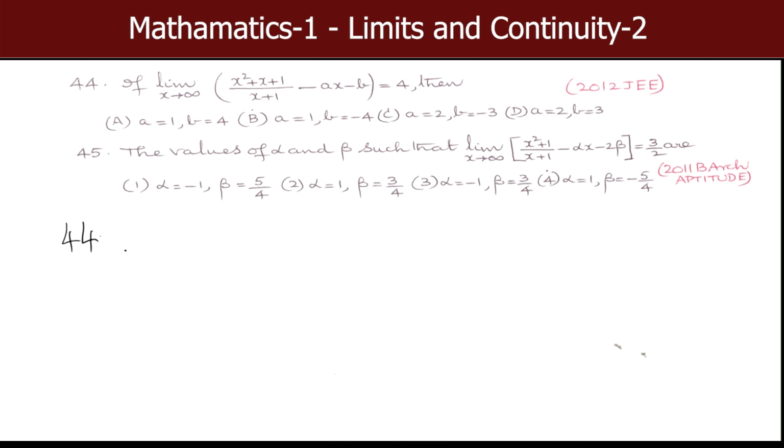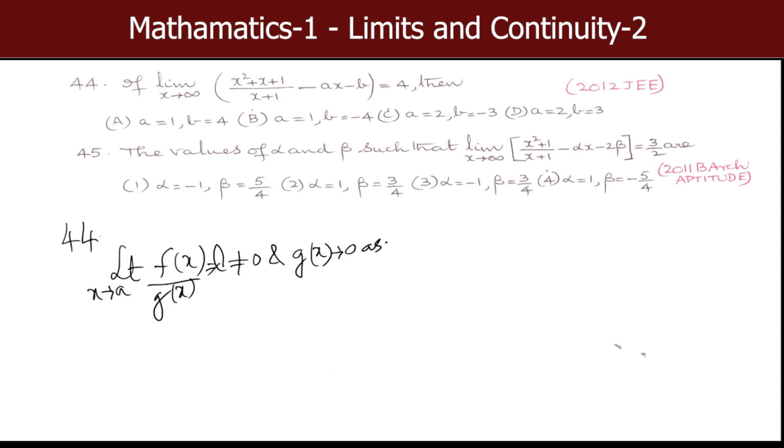Suppose limit f(x) by g(x) as x tends to a equals L, not equal to 0, and g(x) tends to 0 as x tends to a.